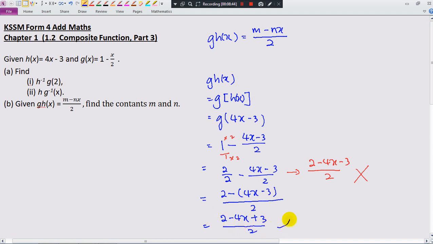Okay. So now you have 2 plus 3, you get 5, minus 4x over 2. Okay, this is the composite function of g of h of x. We found it ourselves. This one, the same thing, this composite function is also g of h of x and given by the question.